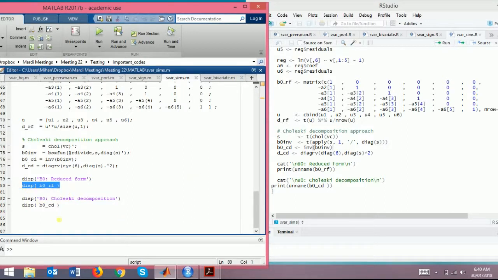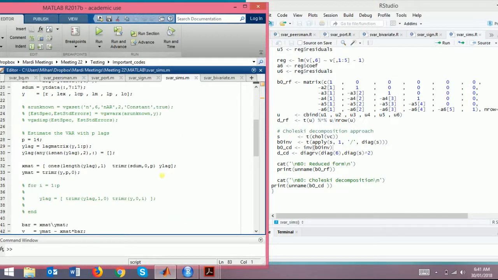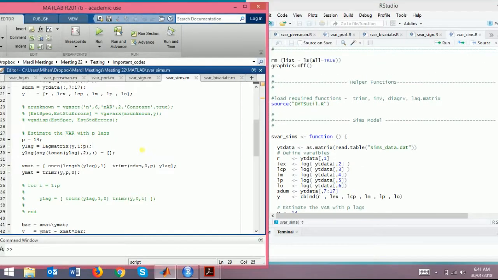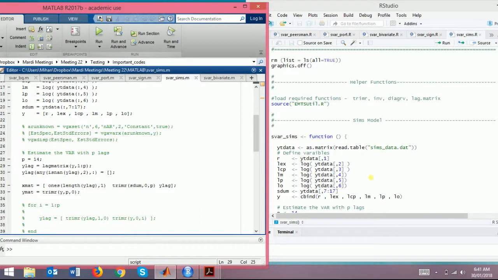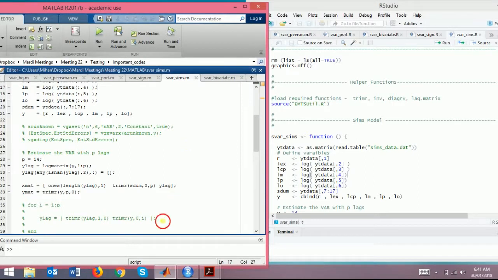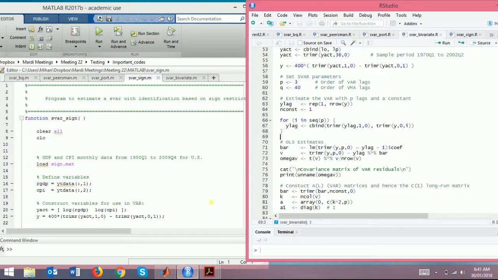We have reduced form, beta naught, we have Cholesky decomposition, beta naught, not much different. The only tweak is that when you have the dummy variables set separately, the lag matrix method is a better way. If you don't have dummy variables, then you could have done the regular lag estimation as you have done before. So you have it solved.